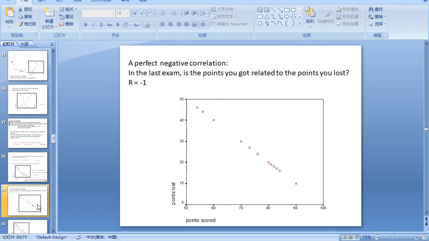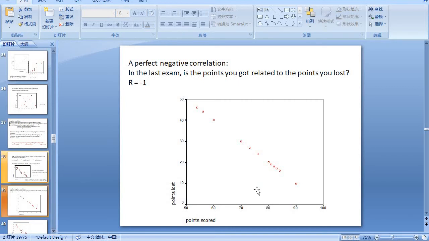-1 is the strongest possible negative correlation, while +1 is the strongest possible positive correlation. Under what conditions do you have a perfect negative correlation?